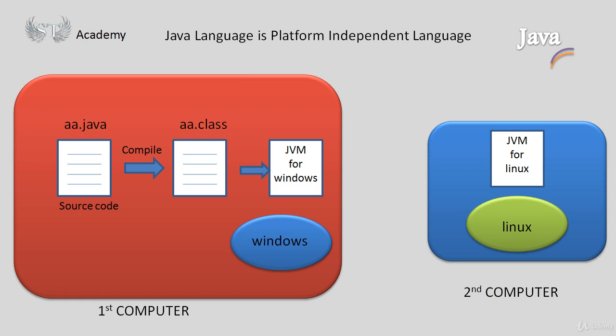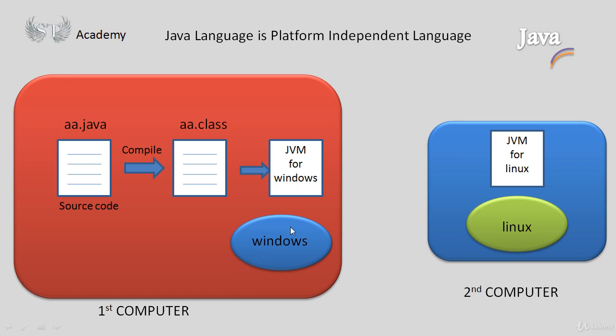Now what is the task of JVM? What it will do, it will convert this neutral code or the intermediate code into native code. So the JVM's work is to convert, or you can say translate, the bytecode into native code, which will be compatible with the operating system of the first computer.